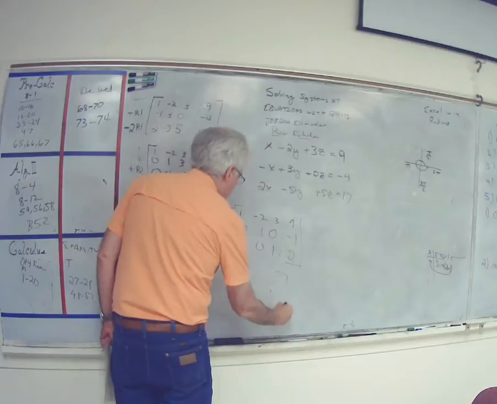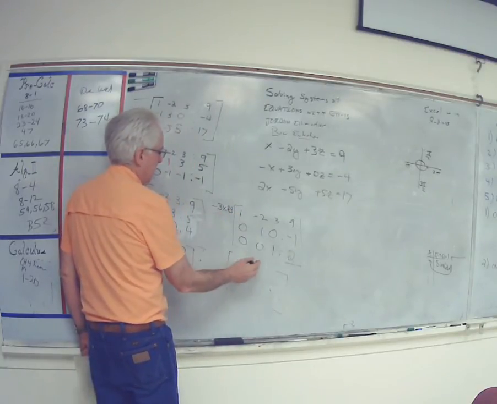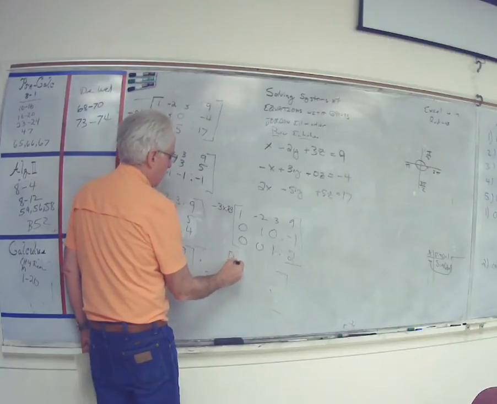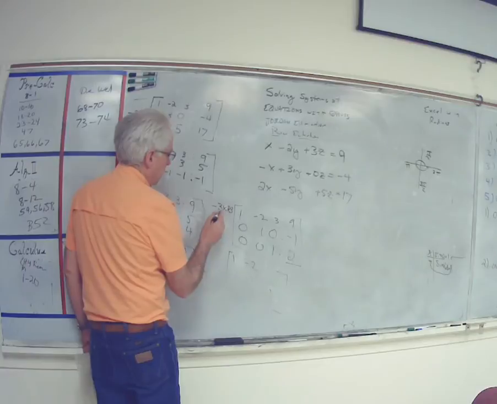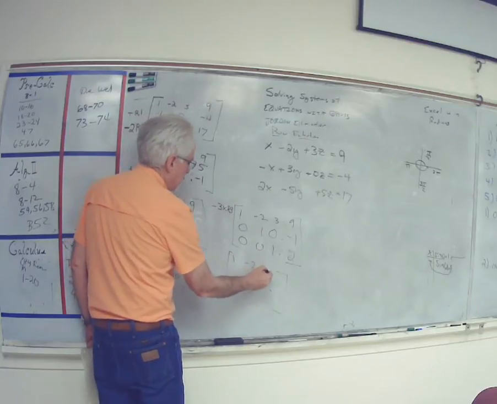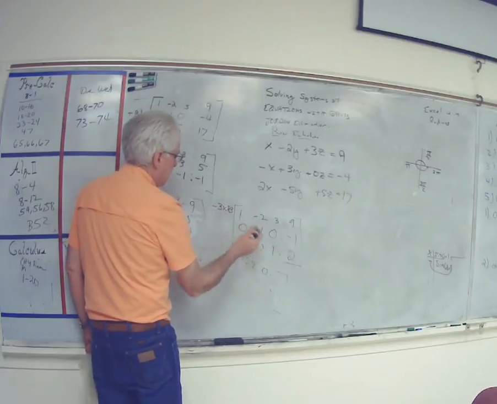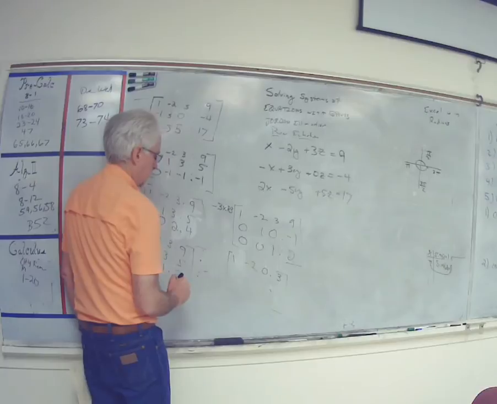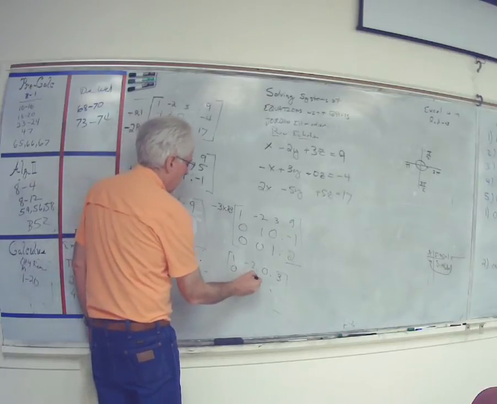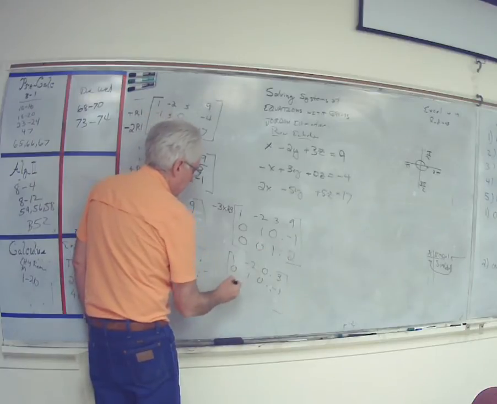Row 1 is going to be 1, minus 2, and then 3 minus 3 is 0, and then 9 minus 3 times 2, 9 minus 6 is 3. Okay? And then 0, 1, 0, minus 1, 0, 0, 1, 2.